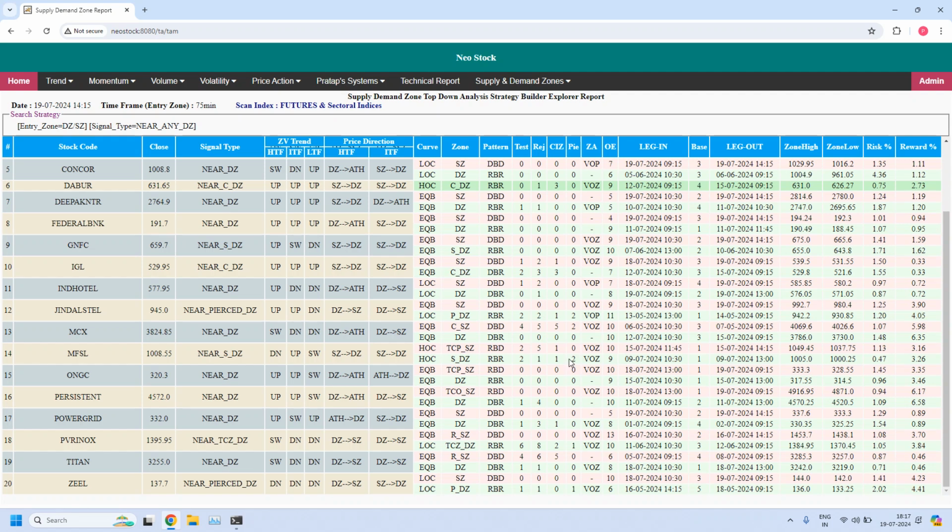This is not valid. MFSL is not valid. It is already pierced. This zone is pierced. Maybe there could be a trap below this. That's it. These are the 75 minutes high liquidity zones we identified.